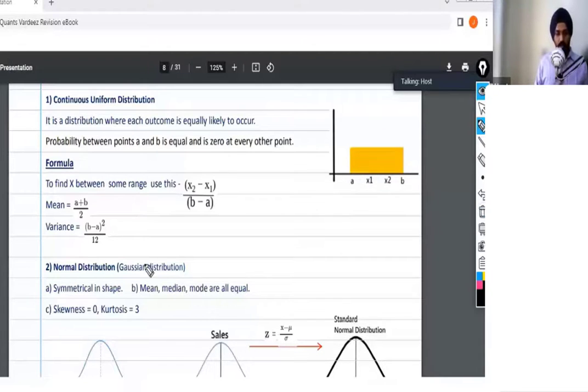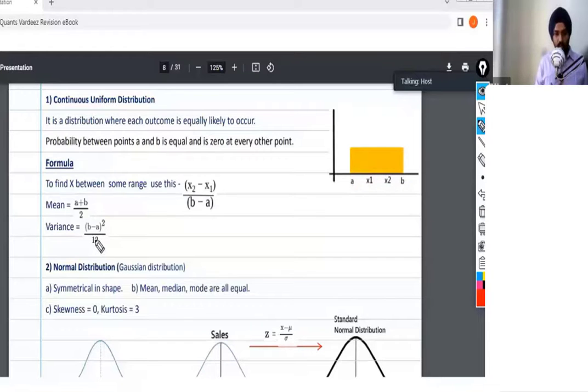Okay, so talking about the mean and the variance, the mean is very simple. It's the simple average. Of course, if this entire thing is 100%, if you divide it in the middle, then it's going to be the mean or the mu, right? So formally, it's a plus b divided by 2. That's this value divided by 2, and you get your center point, which is the mean.